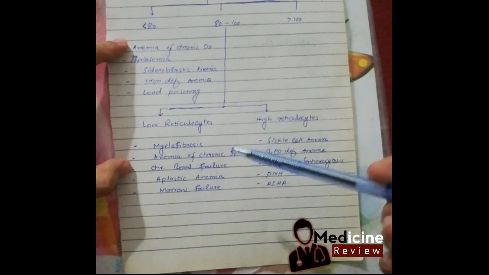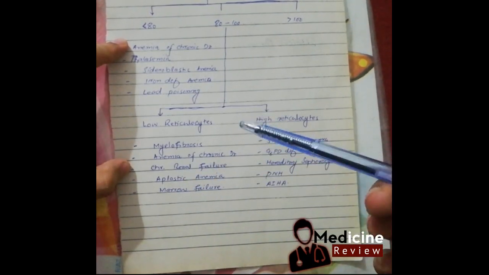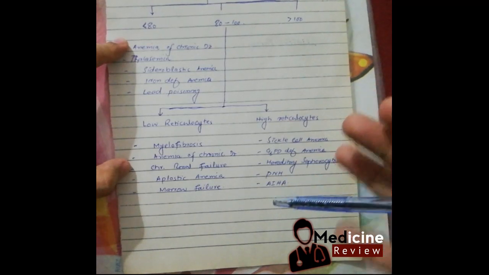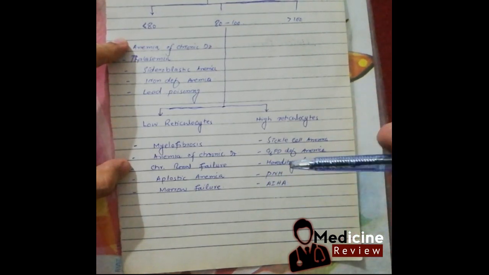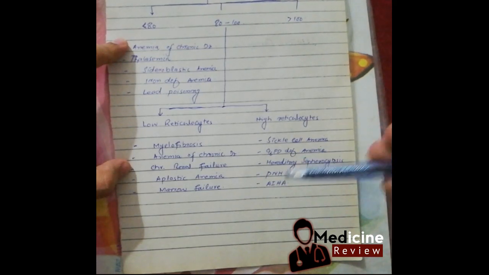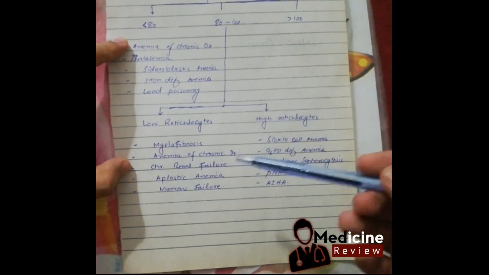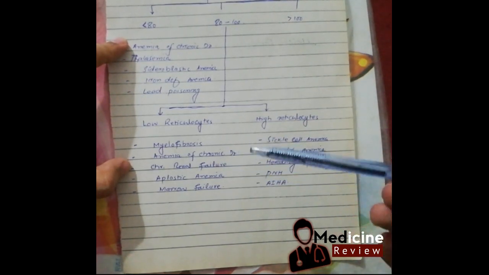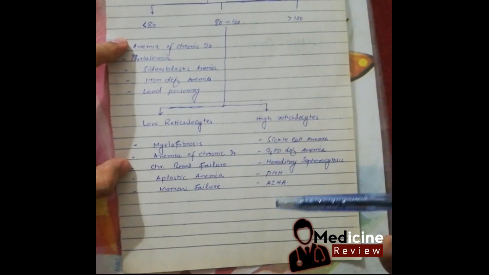Another is chronic renal failure. It is a very important concept. From the kidney, we have an important hormone called erythropoietin. Erythropoietin is a main regulator, like a stimulant, for the production of RBCs. So in chronic renal failure, there will be no release of erythropoietin, and there will be no erythropoiesis.